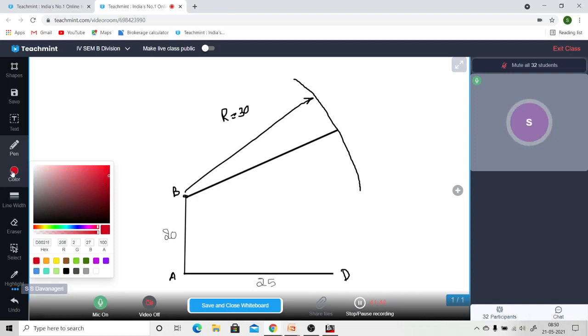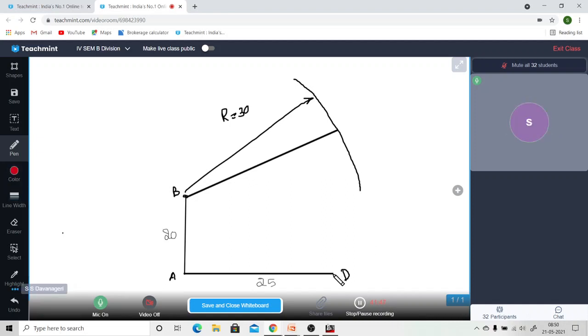Now similarly, considering point D as the center point, draw an arc here with radius equal to 25 mm.